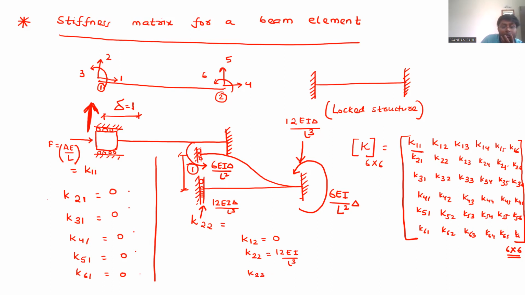Sorry, K32. We are writing for the second column. K32 will be 0.